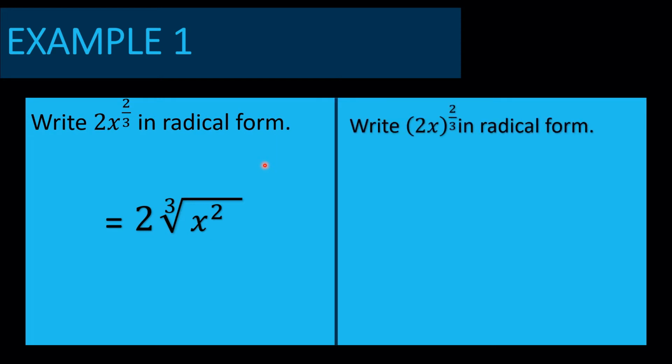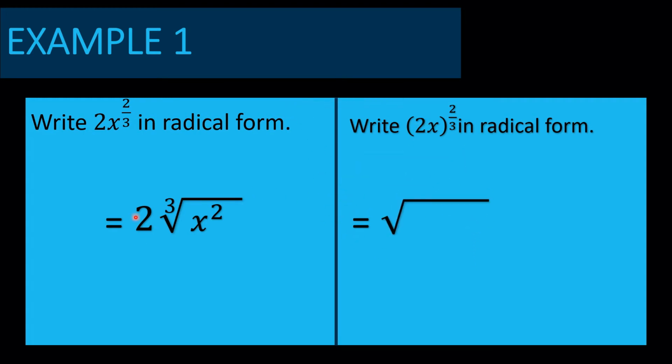Let's have a variation of that example. Write the quantity 2x raised to 2/3 in radical form. You take note of the difference between the two given. In this second example, the whole of 2x is being raised to 2/3. So it's very clear that it is not only x but 2x. So to do that, we need to have a radical sign.